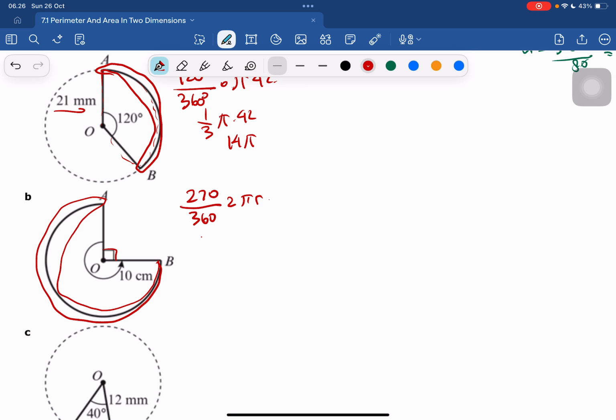So 2 pi is 20, so we can make it 270. Let's divide it by 9. 270 divided by 9 is going to be 3, and this is 4, and then we got 20 pi. So this is going to be 15 pi centimeter.